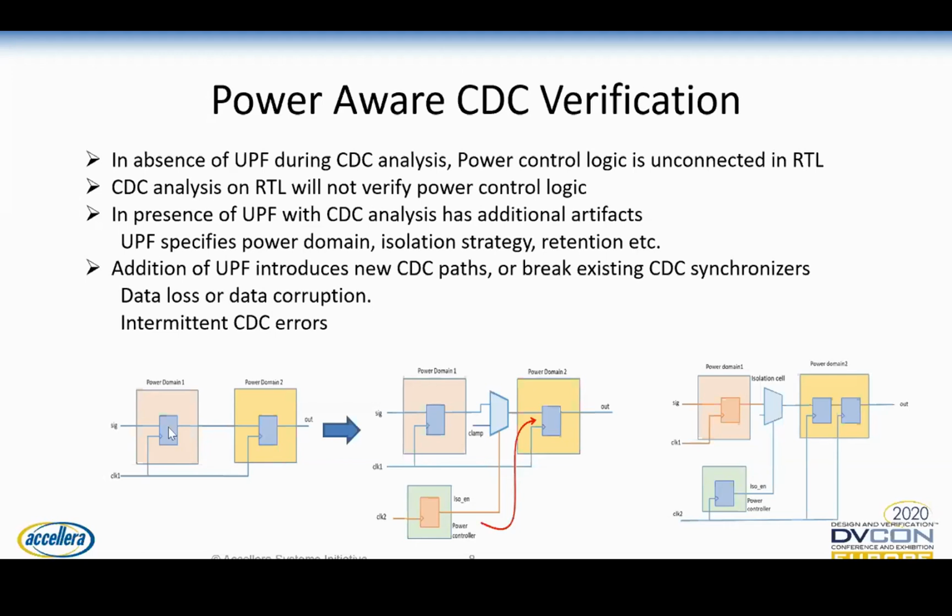Because of that, this isolation logic can bring glitches into the design, because this mux can get implemented as an AND or OR kind of logic, right? So we need to ensure that our CDC is very much aware of the UPF, and all the low power cells are taken care of, and those CDC challenges are addressed with UPF, right?